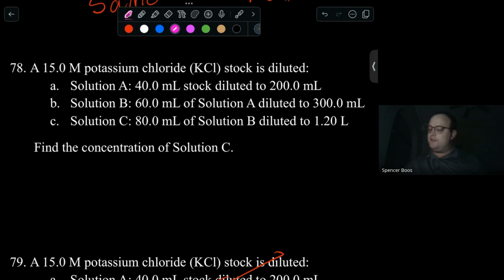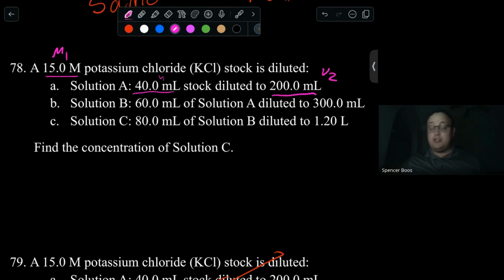So this is saying a 15 molar potassium chloride solution is diluted. Solution A uses 40 milliliters, volume 1 of the stock solution M1, diluted to 200 milliliters, or sorry, that's V2. Apologies.